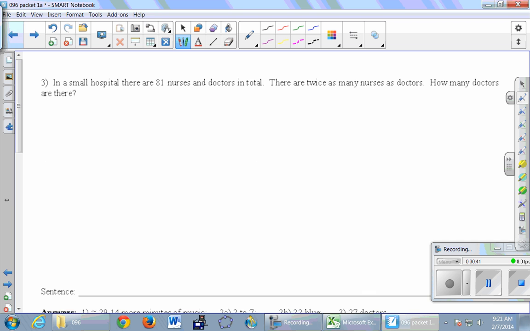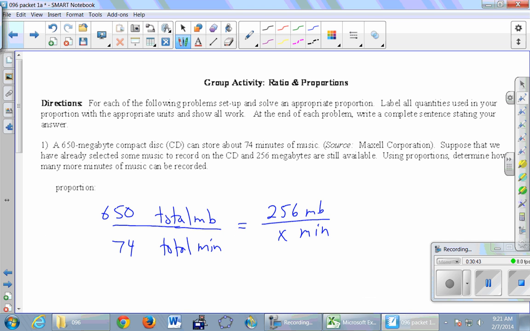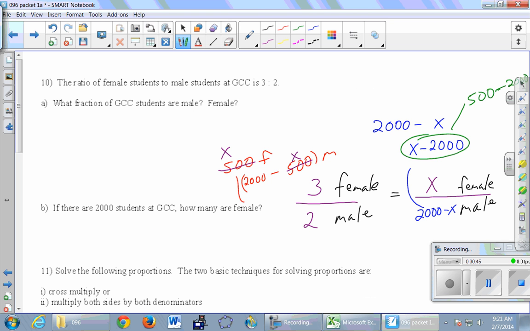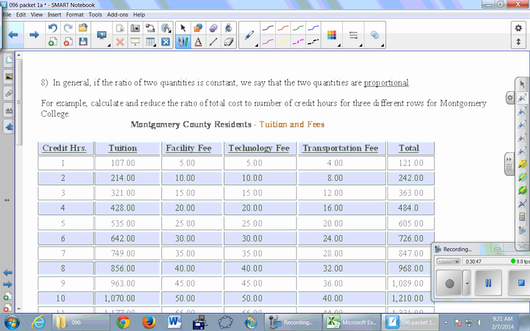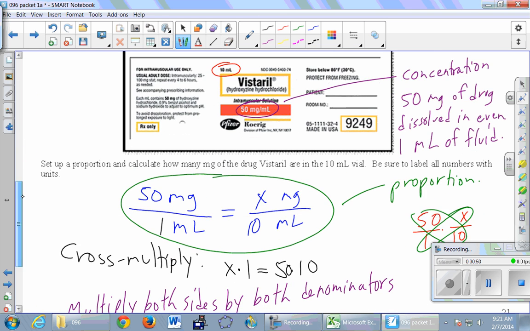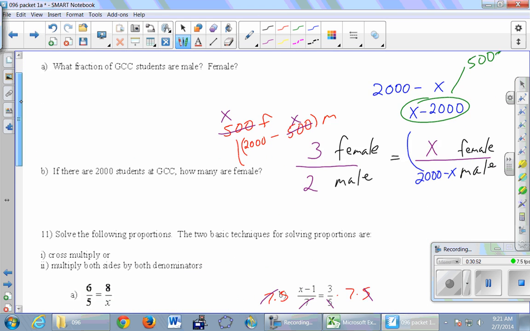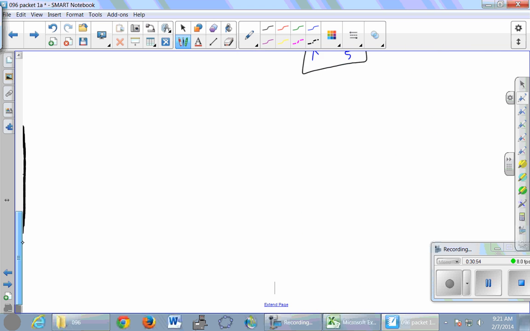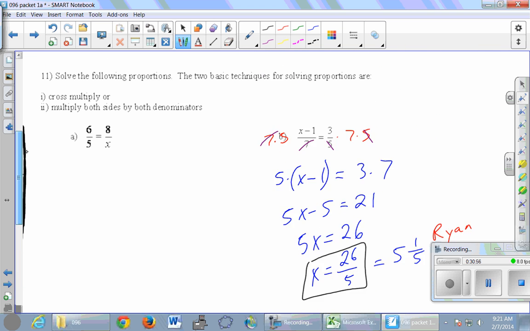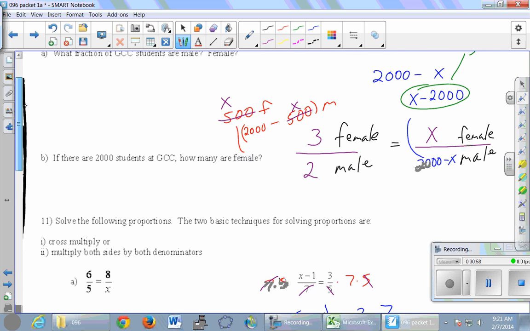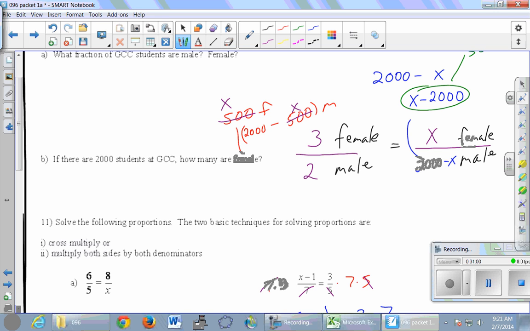And the last thing I want to say is about some of these problems that we did with the ratio and proportion. So, let's just jump here really quickly. This was back on page 22. It's a small thing that I want to add, but it's an important thing.